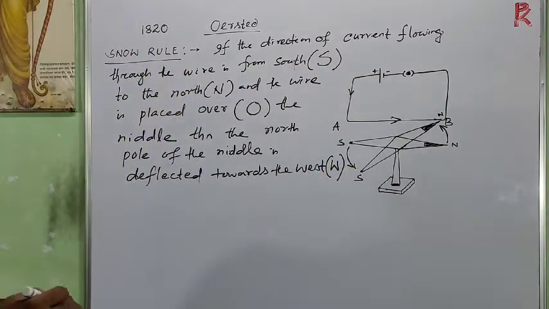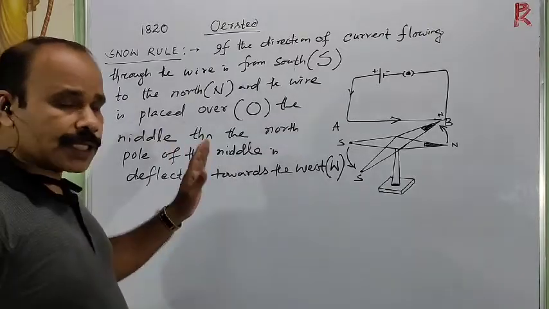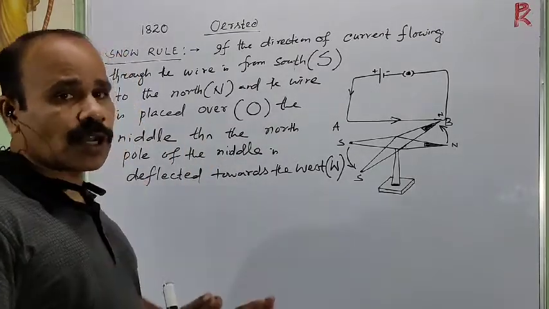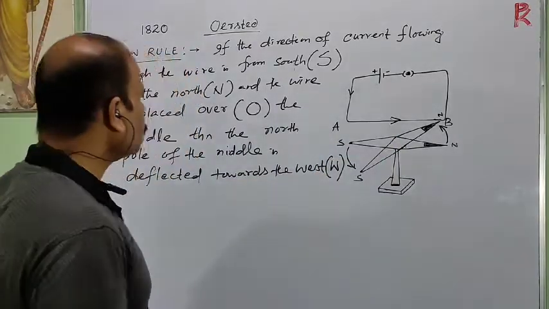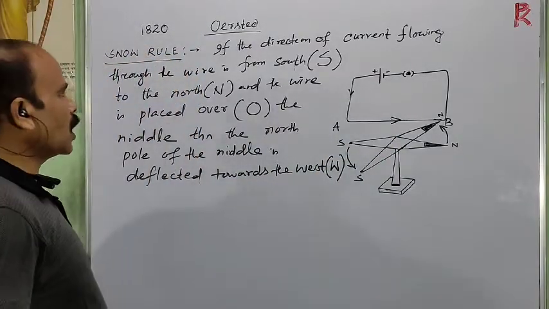So this is the rule using which we can find out the direction of deflection of the north pole of the magnetic needle. Look, what does this rule tell us?